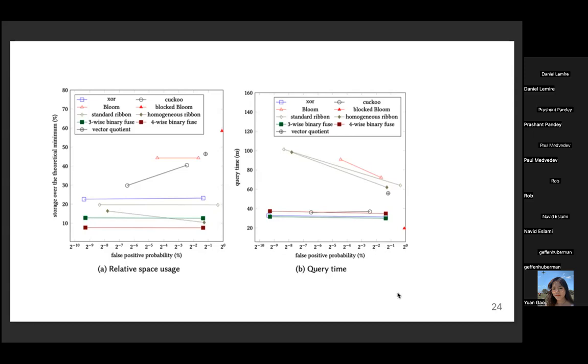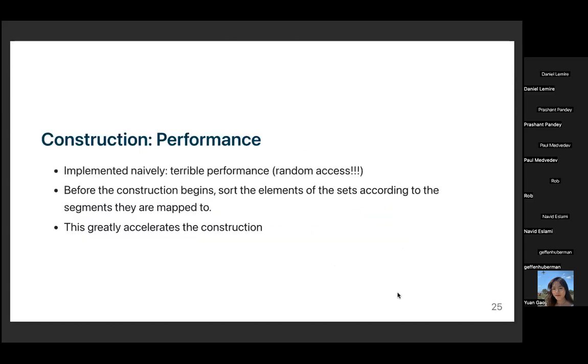The vector quotient filter is also fairly efficient as far as query time is concerned. Other implementations are somewhat less efficient. The conventional Bloom filter is one of the slowest, and it's also among those that use the most memory.